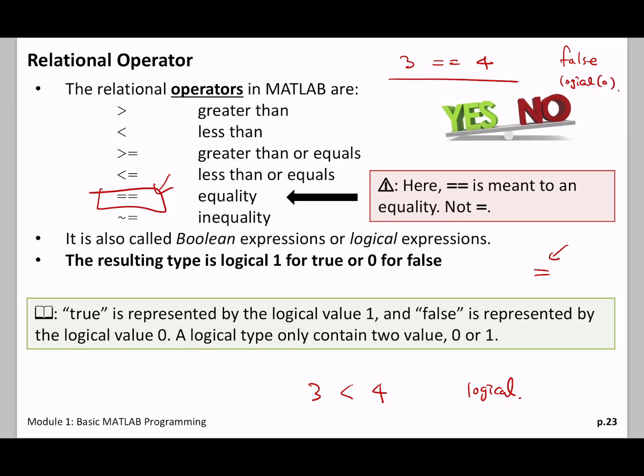Okay. Does it make sense? Okay. Don't confuse this equality sign with the single equal sign. You can consider this operator similar to the operators that we saw in the previous slide. It's a numeric operator. Okay.